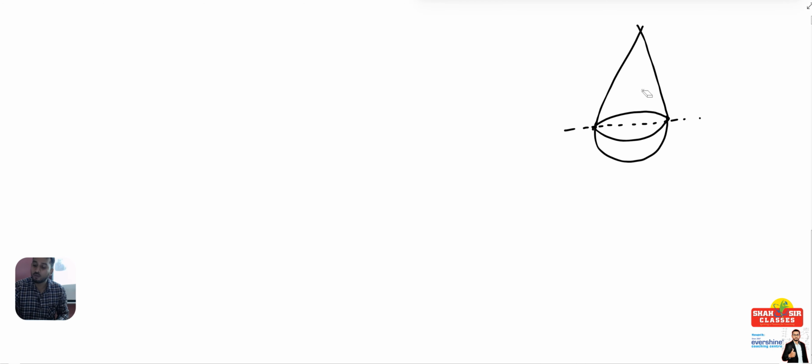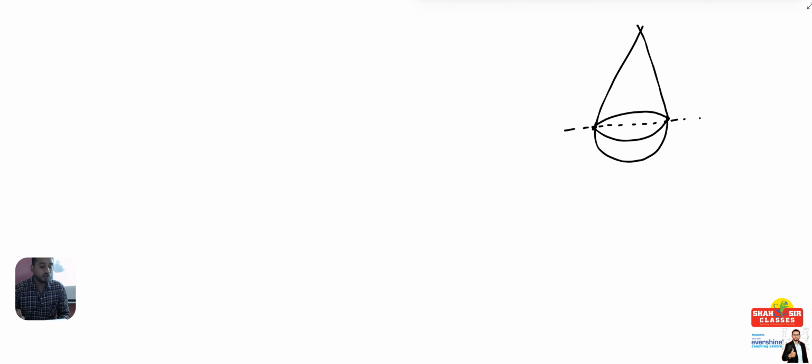Understood? What is a half circle called? Hemisphere. Now I am mounting a cone on this. Now my cone will be in this shape. This is the cone. Observe here, I am removing this part. Now the bottom is the hemisphere and the upper part is the cone. Understood?